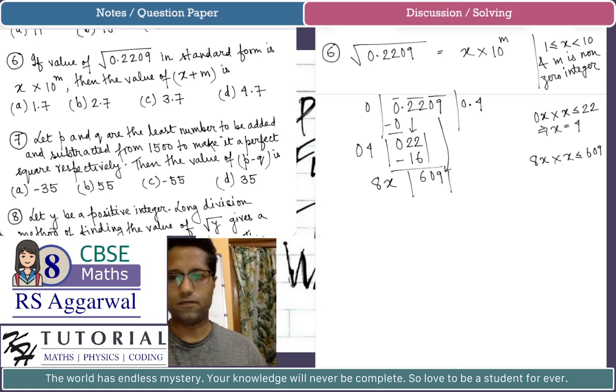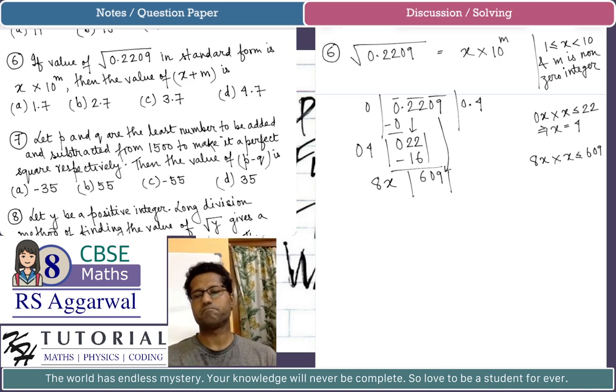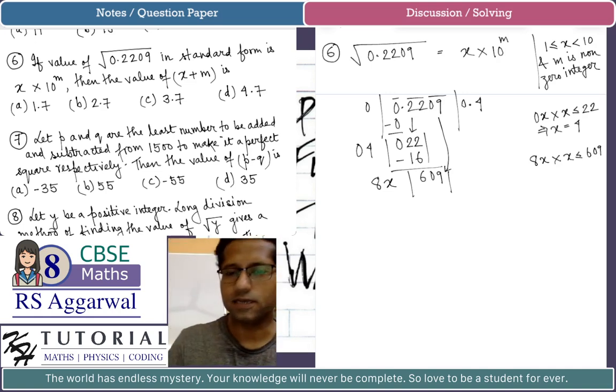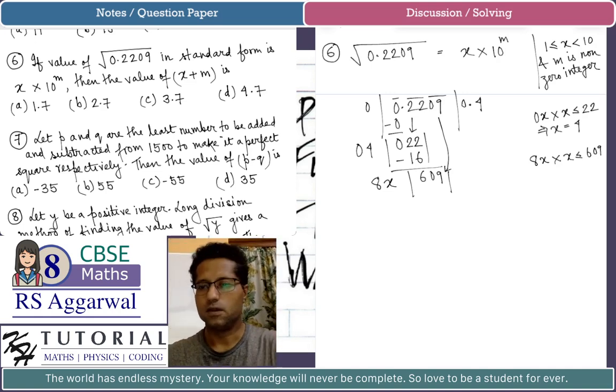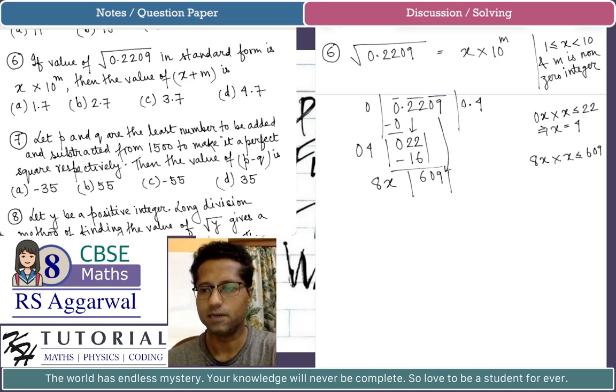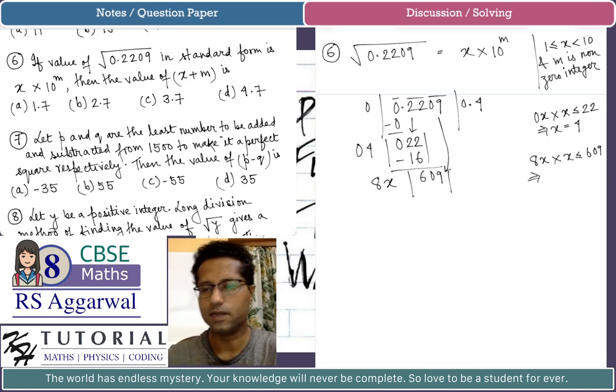Whenever we use the long division method, always remember that when we find the digit x in the divisor, x has to be the largest x. Now what can be the largest x such that 8x multiplied by x is less than or equal to 609? It cannot be 8.